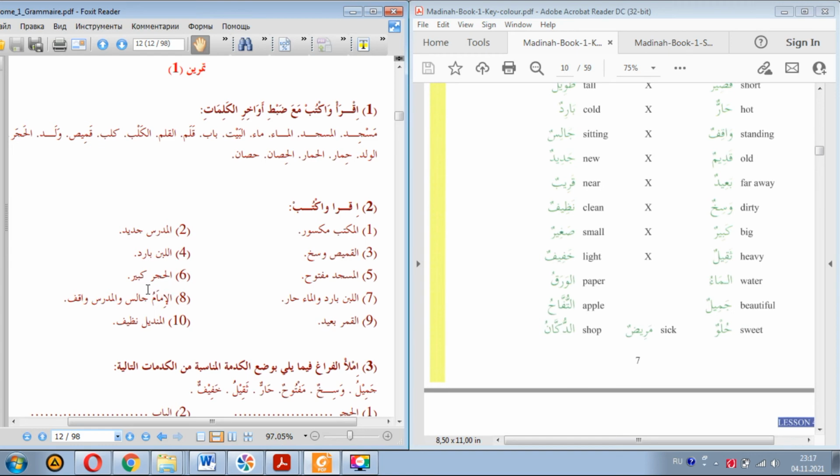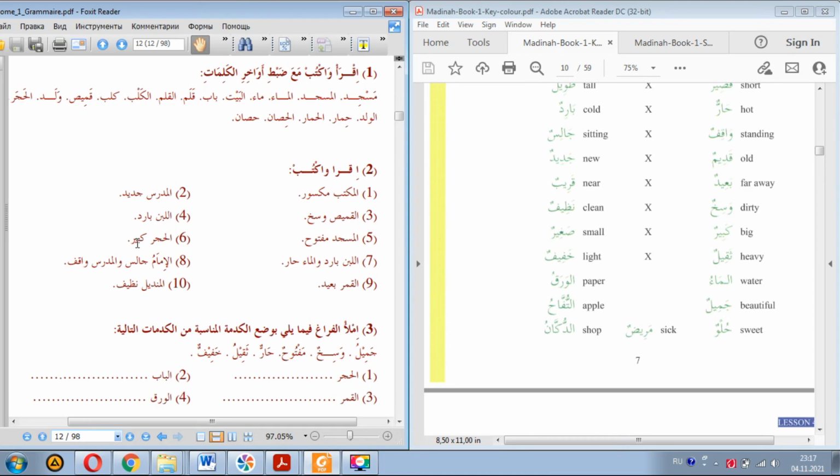The stone is big. اللبن بارد والماء حار. The milk is cold and the water is hot. الإمام جالس والمدرس واقف. The imam is sitting and the teacher is standing. القمر بعيد. The moon is far. والمنديل نظيف. The napkin is clean.